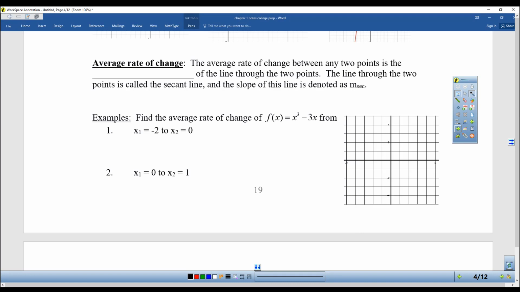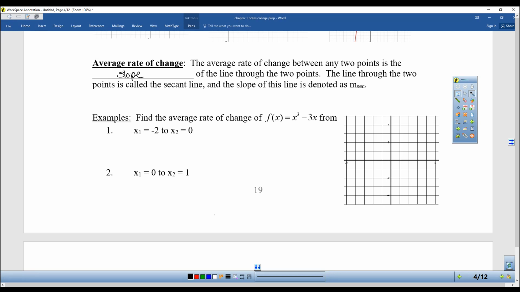The average rate of change between any 2 points is the slope of the line through those 2 points. The line through the 2 points is called the secant line. And the slope of the secant line is denoted M with a little subscript, SEC for secant.